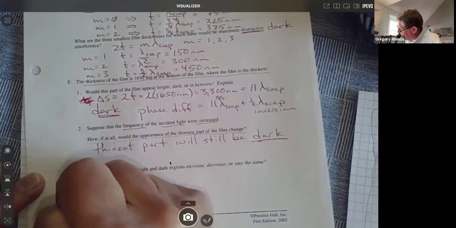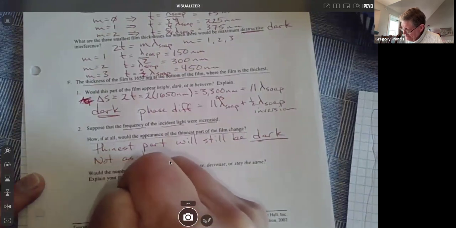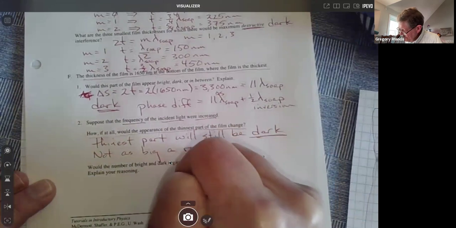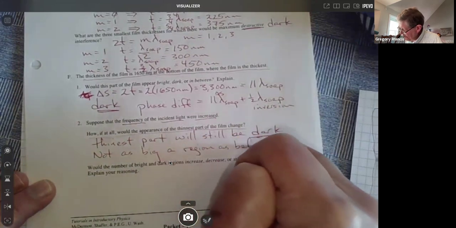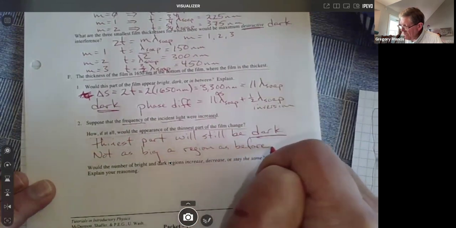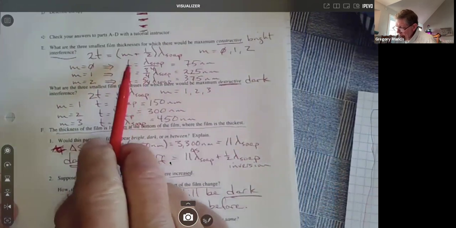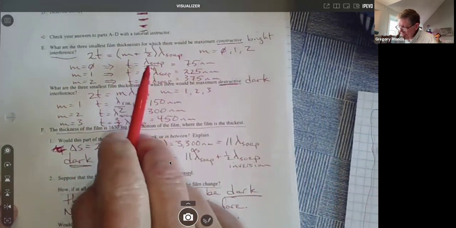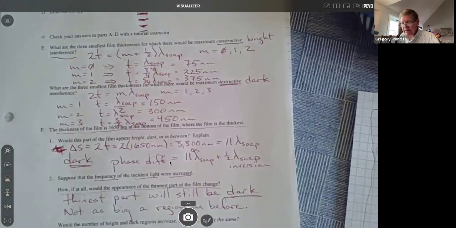Okay. Not as big a region as before. Well, why is that? Well, to get to my first bright spot, I just have to get to a thickness of 1/4 wavelength.